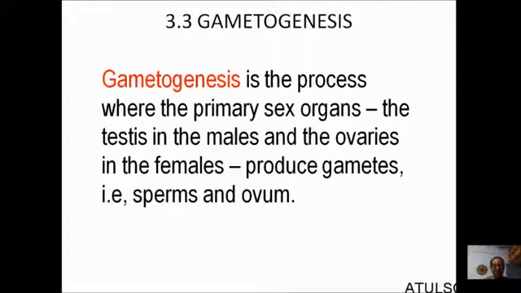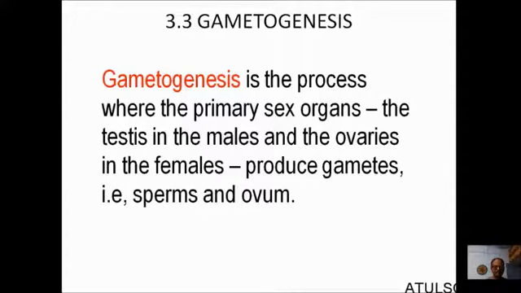If you move to the process of gametogenesis, it can be defined as the process where the primary sex organs, the testes in males and the ovaries in the female, produce gametes, that is sperm and ovum.